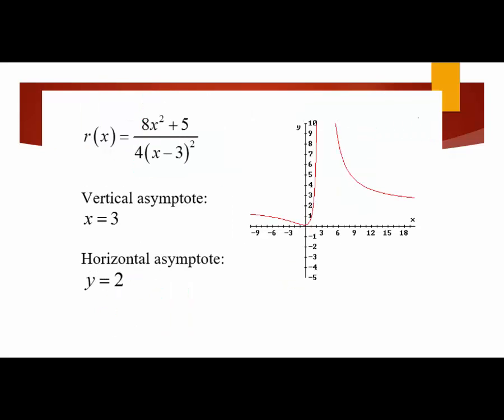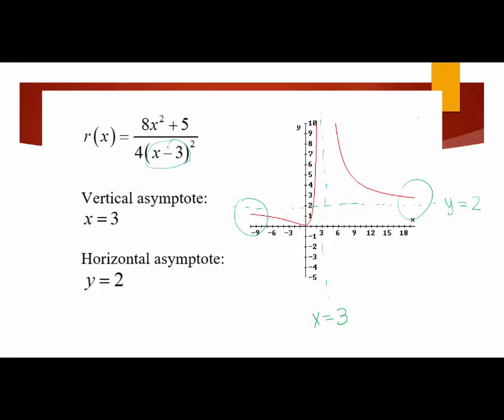Let's think about this with one more example. The vertical asymptote here is x equals 3, and I can see that vertical line here. A horizontal asymptote of y equals 2, if I draw that line in, I can see my ends begin to match up towards that line y equals 2. The vertical asymptote is, again, the zeros of the denominator.